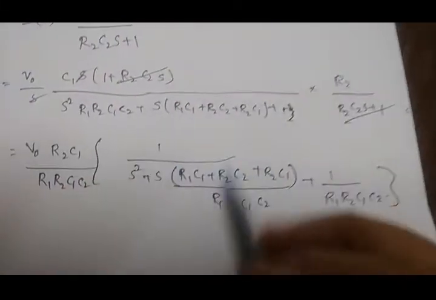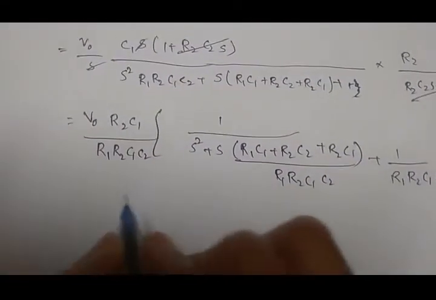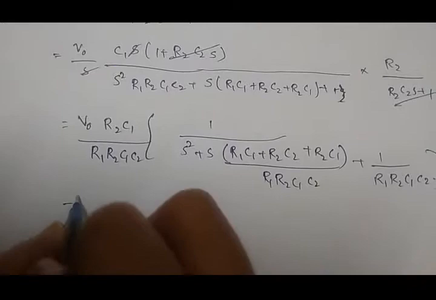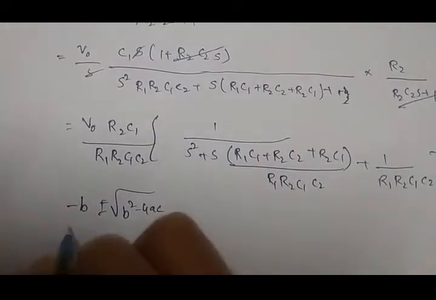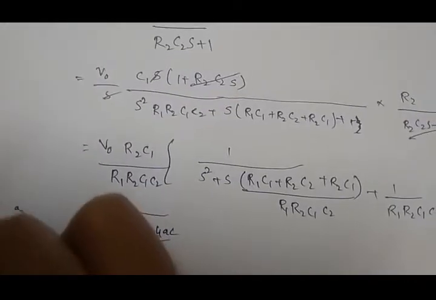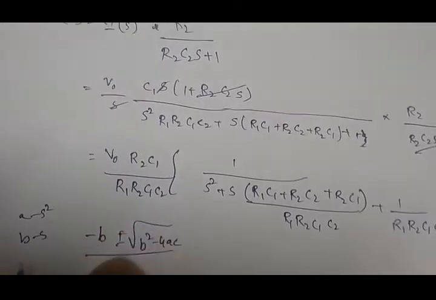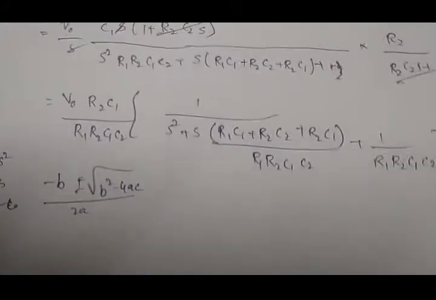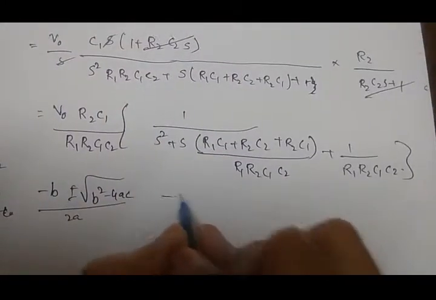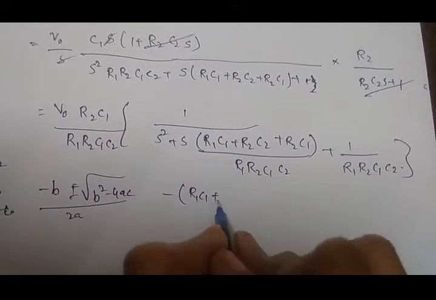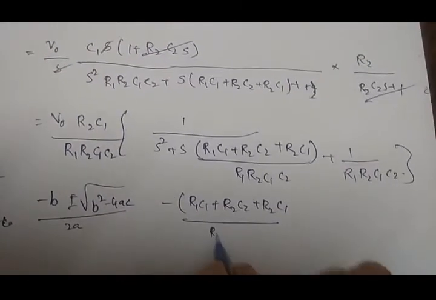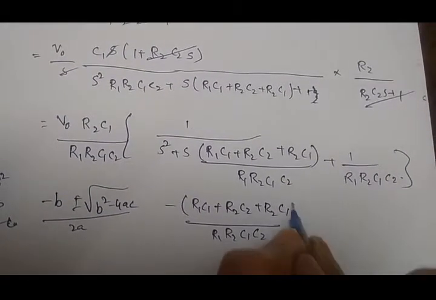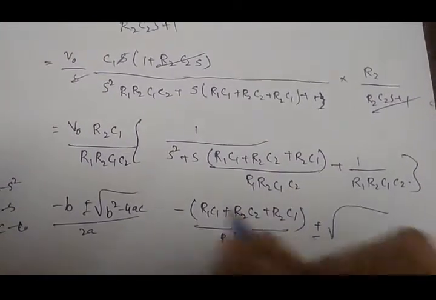Now try to find the roots of this quadratic equation. We already know minus b plus or minus root of b squared minus 4ac, divided by 2a. We know that a is the s squared coefficient, b is the s coefficient, and c is the constant coefficient. Try to replace those and see what we get. So it will be R1 C1 plus R2 C2 plus R2 C1 divided by R1 R2 C1 C2, plus or minus root over.